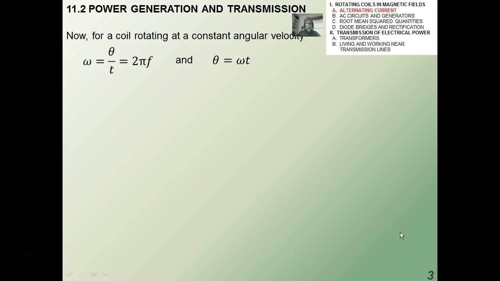Now, remember that for anything rotating at a constant angular velocity, if we deal with radians, we had this quantity called angular velocity, omega, which was theta over t, which is 2 pi f, because 2 pi is the total radians around a circle, and t would be big T, which is the period. 1 over the period is the frequency f, and theta equals omega t.